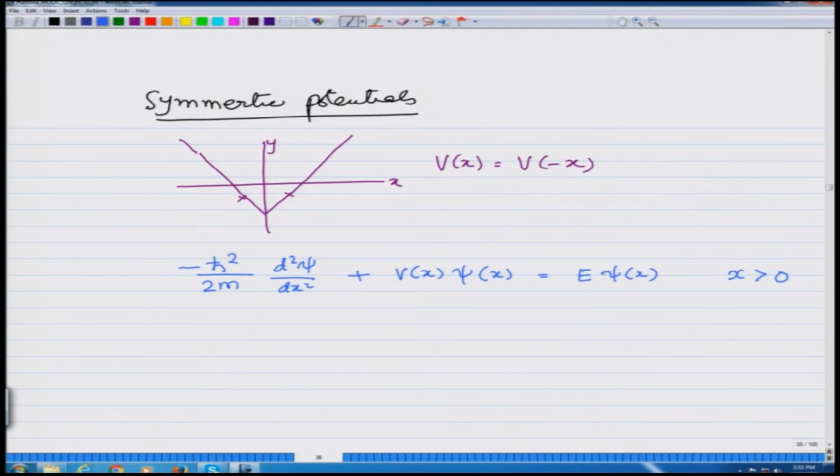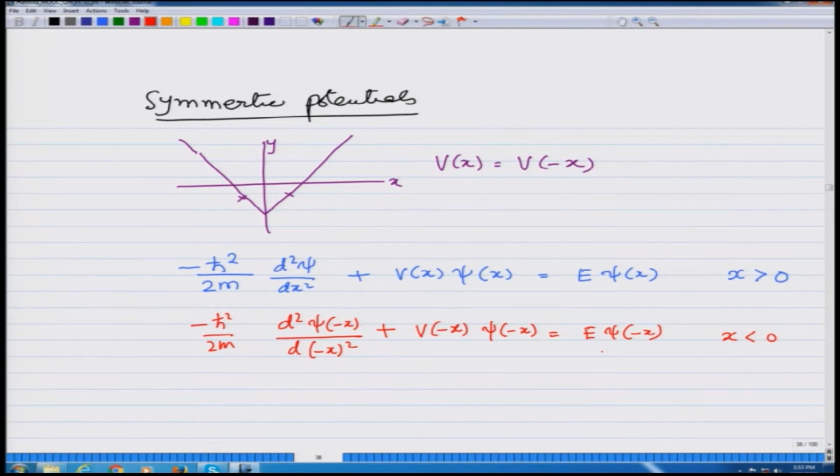The equation for x less than 0 is therefore going to be, from this equation, minus h cross square over 2 m d2 psi minus x over d minus x square plus V minus x psi minus x equals E psi minus x. All I have done is change x to minus x.